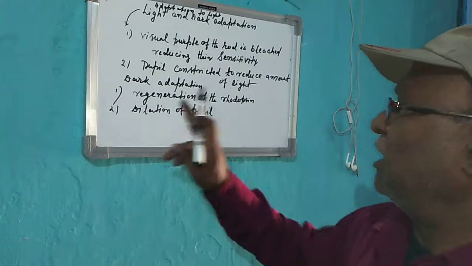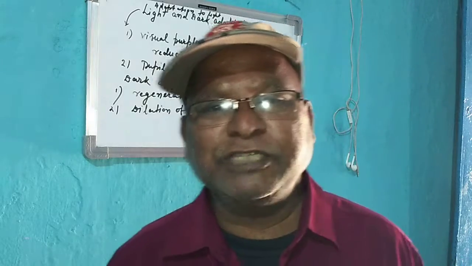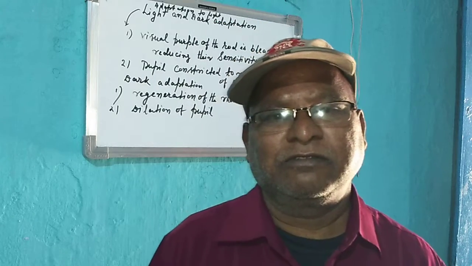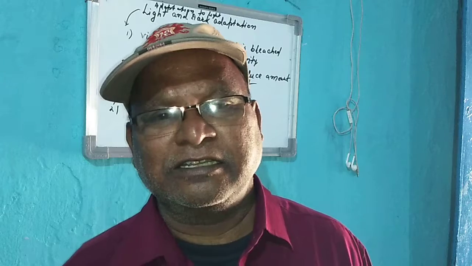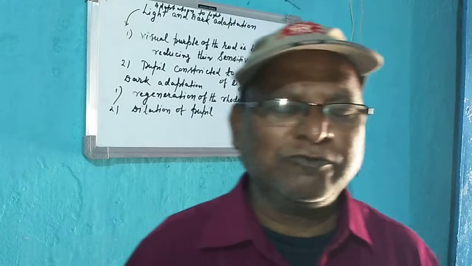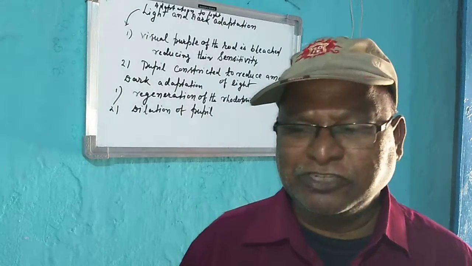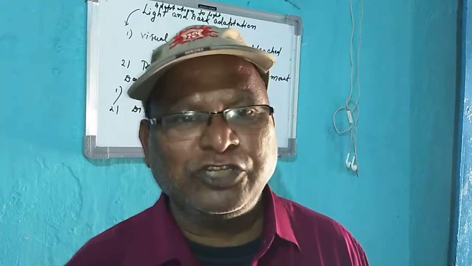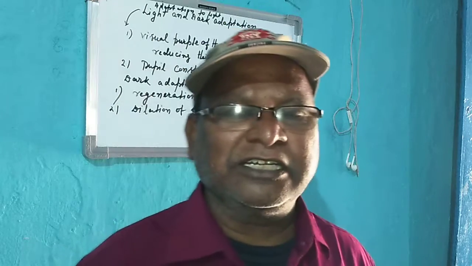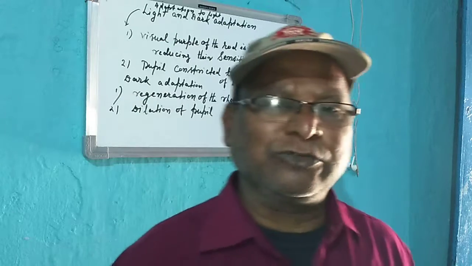Now next is dark adaptation. What is meant by dark adaptation? When we move to a dark room from a brightly lighted area, suppose we have to watch a noon show movie, we have gone to the cinema hall, we have entered inside the cinema hall, entering from a brightly lighted area to the dark room.